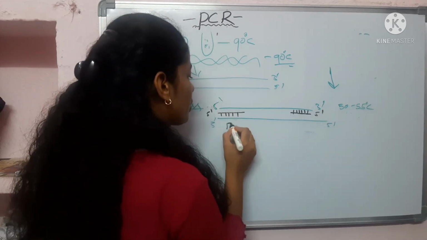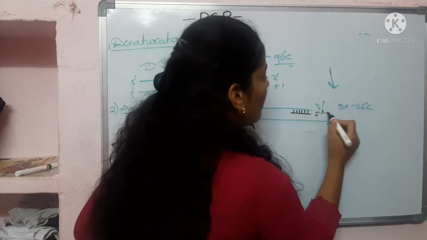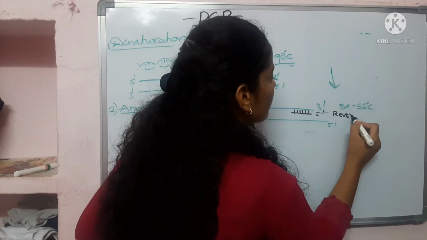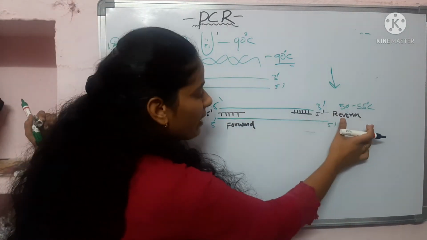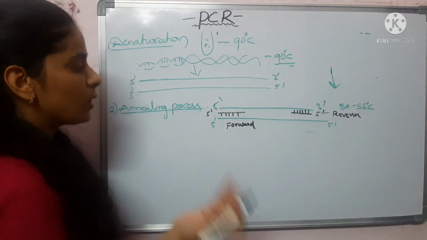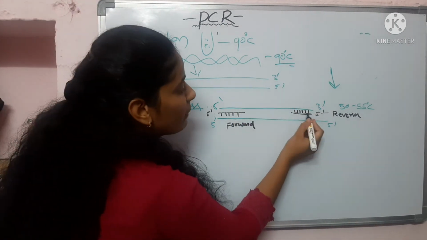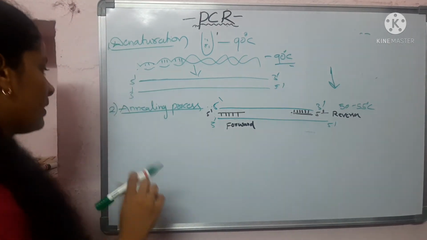This primer is called the forward primer, and this one the reverse primer. This process occurs in annealing.